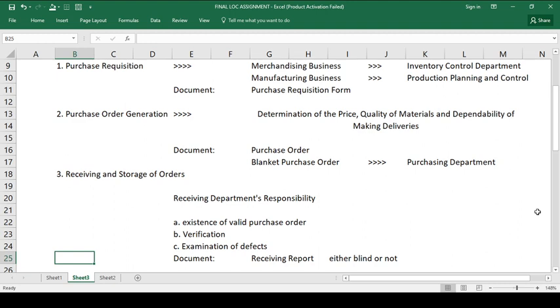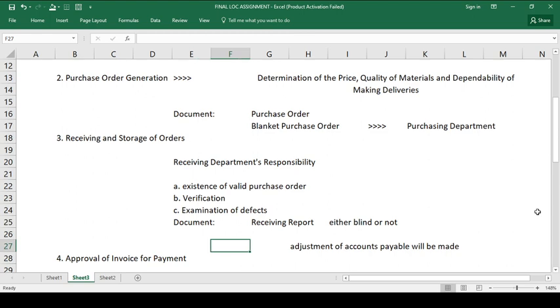The receiving report will stipulate how many is being received from the supplier, and then you will provide remarks related to that receiving report, stating that the orders that were received are in good condition, etc. The receiving report is very important, particularly on the accounts payable section.